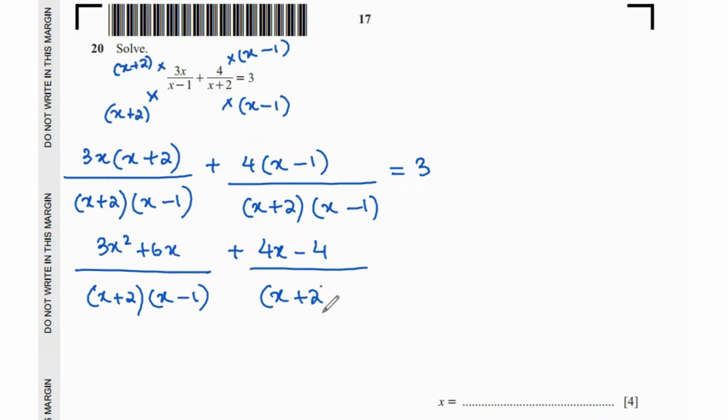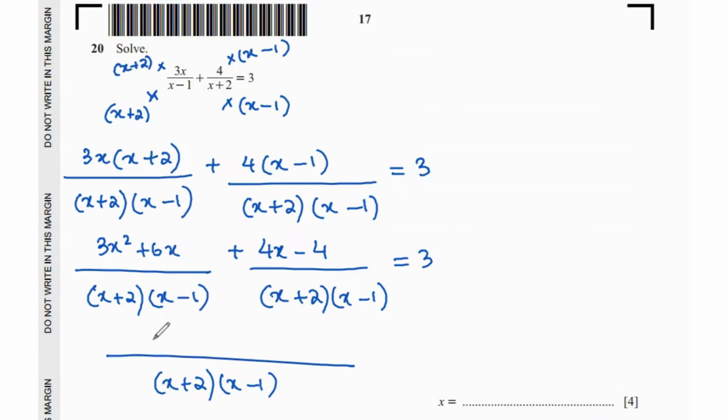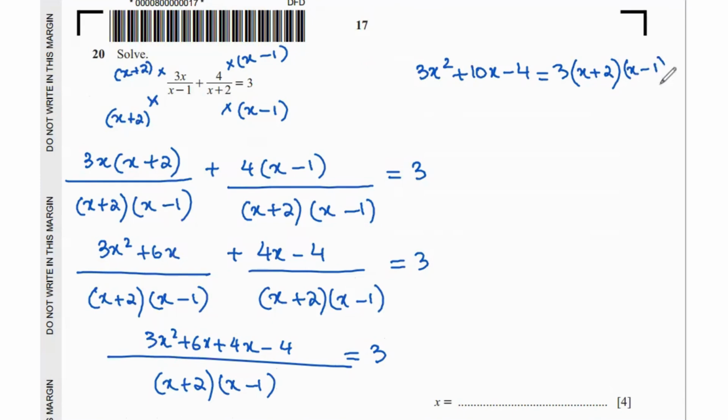You can combine it as a single fraction with the same denominator. So x plus 2 times x minus 1, and 3x squared plus 6x plus 4x minus 4 in the numerator. Cross multiply and collect the like terms on the left hand side. So 3x squared plus 10x minus 4 equals 3 times x plus 2 times x minus 1. Expand the bracket.